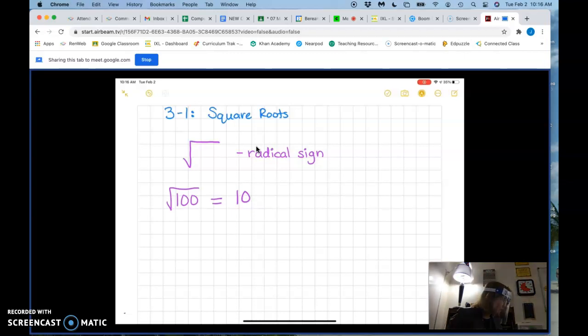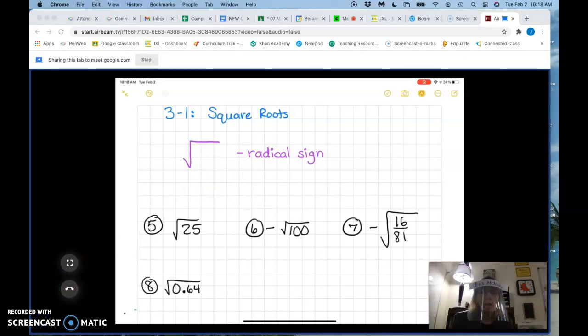So I'm going to start on page 118 with some examples. I'm going to start with number 5, 25. I'm going to pause this video for 1 second. Okay, so for these types of problems, we are going to find out what the square root of each number is.